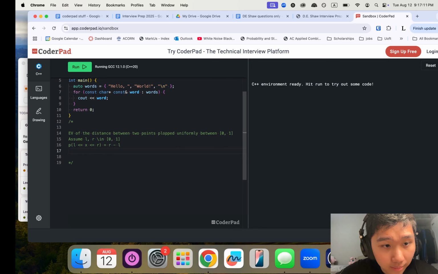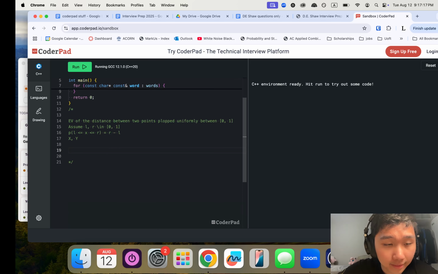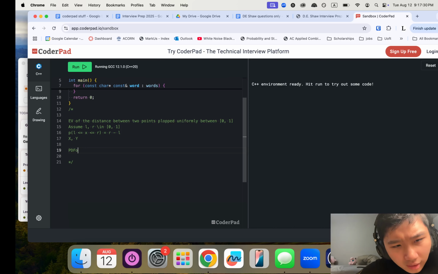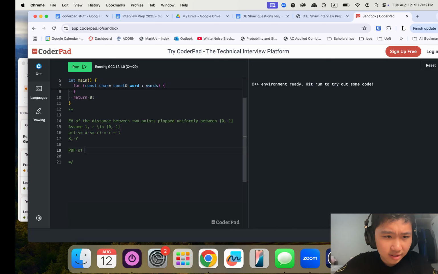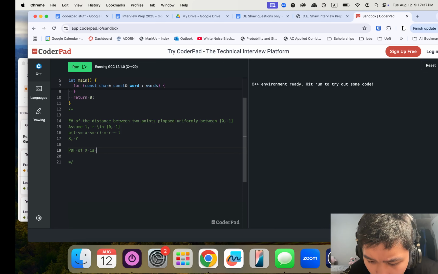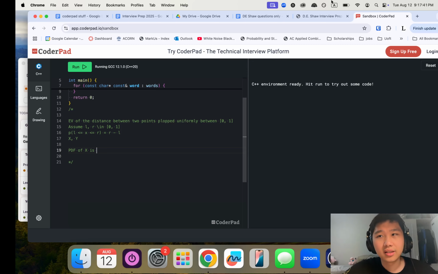Because x and y, let's call the random variables x and y, the points, then the probability density function of x is... how did I forget this?